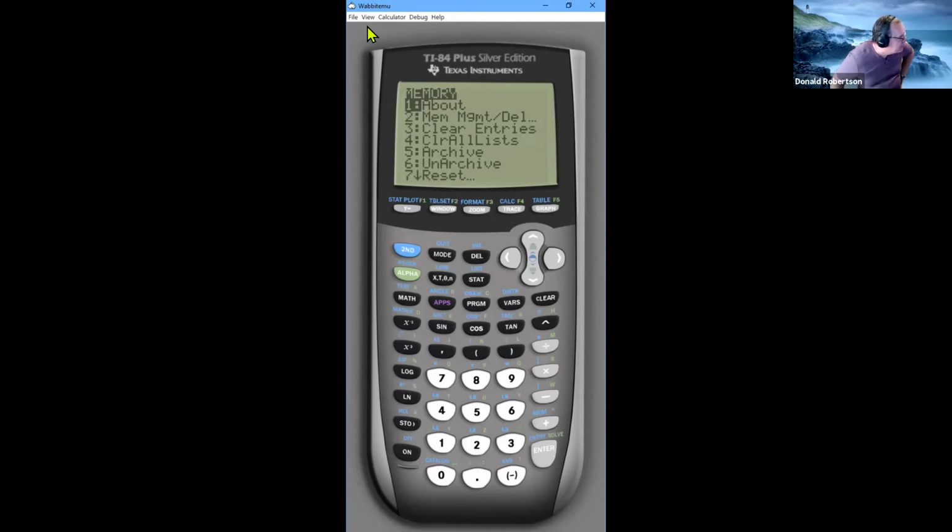Is that what you see? Yeah, it says memory and lots of stuff, just like my screen. That's good. Now, I want you to go down to choice number 7, reset. Just a second, I need to write down. So you said number 7, reset. Correct. And then enter, right? Yes. Now, what we're going to do here is clear out everything in your calculator.